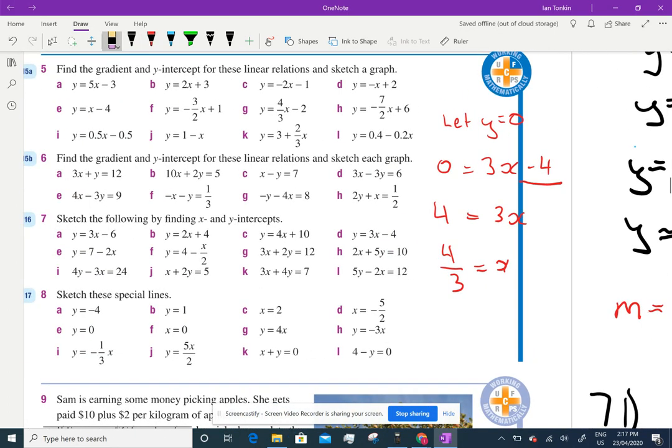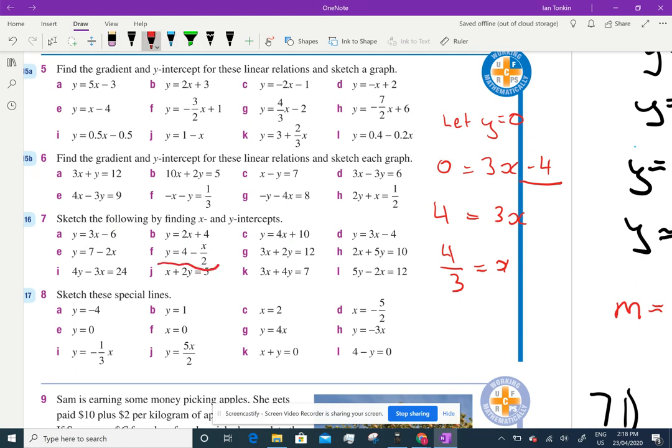So if you're going along here, let's have a look at this one. The x-intercept, -10 divided by 4. Here, -4 divided by 2. Here, -6, no, +6, change the sign, divided by 3. Just be careful when you get ones where they're not written in that form.